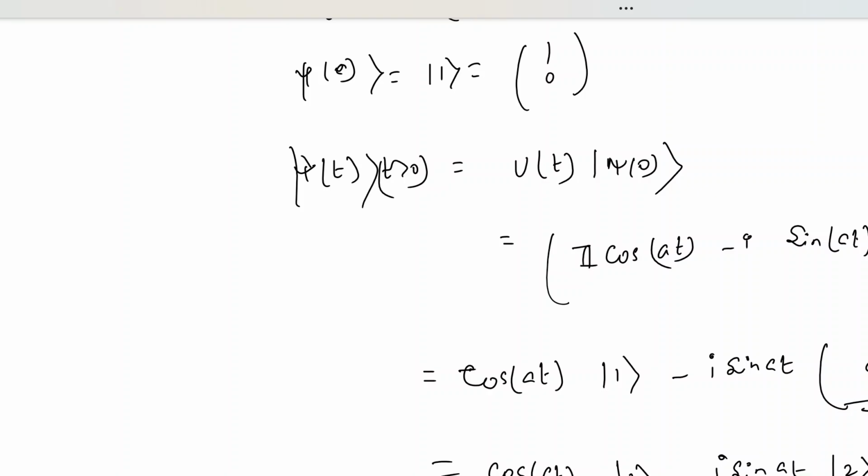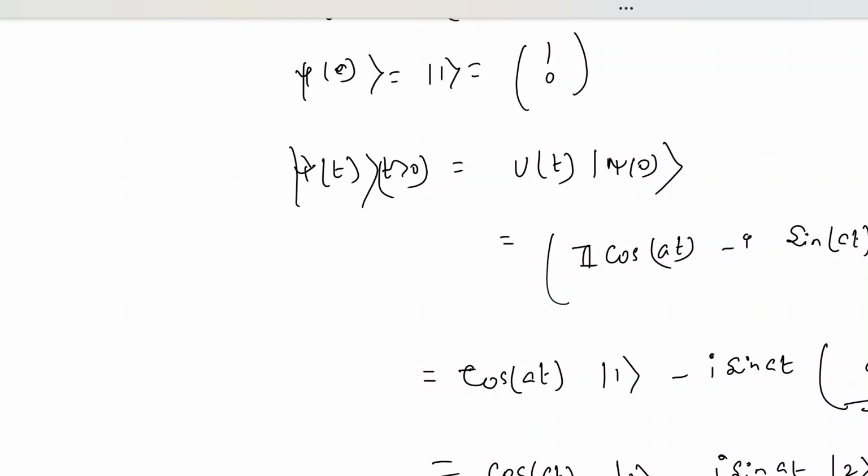Okay, so now the probability of finding it in the state 2 will be this whole mod squared, which is i squared, is equal to, this is whole mod squared.